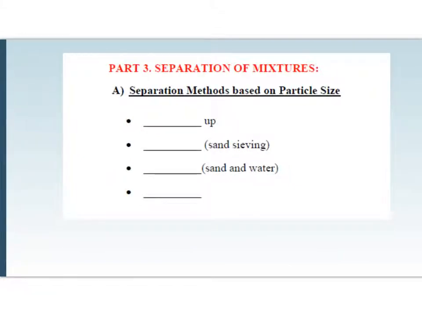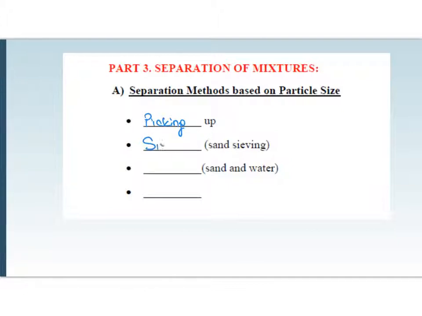Now the separation methods. First, based on particle size. Picking up. You're just taking the unwanted substances from rice, let's say. You can use this picking up by looking at their sizes, by their colors. It's a separation method used a lot.